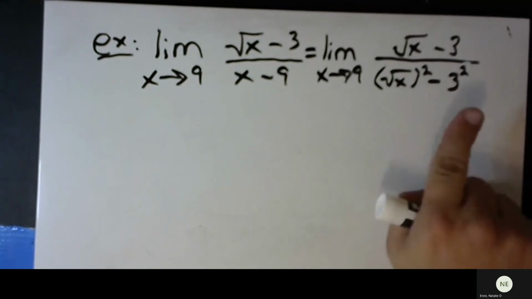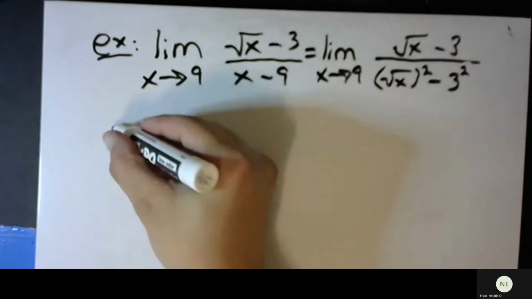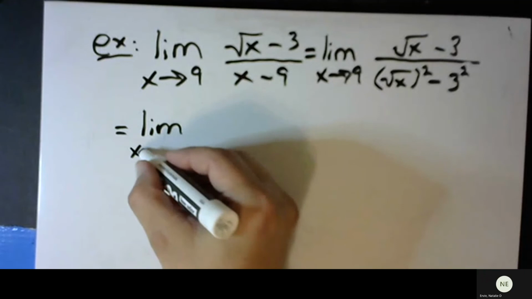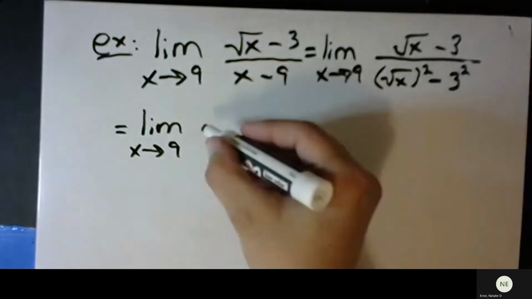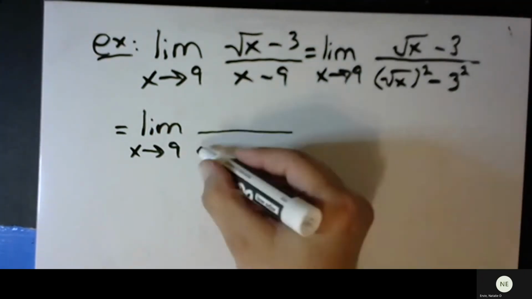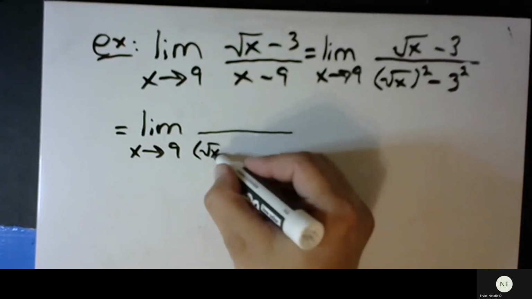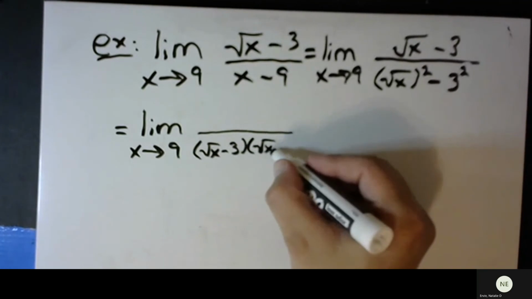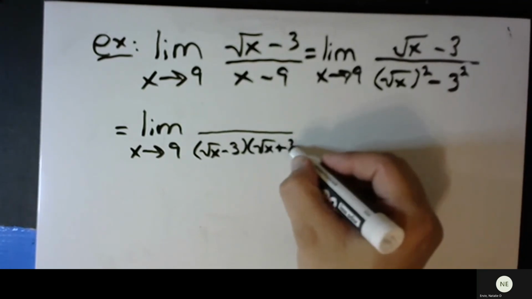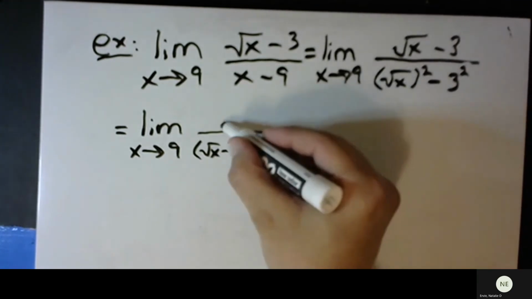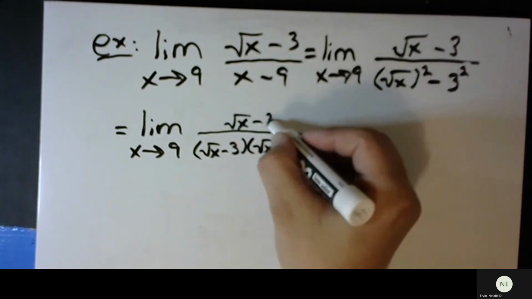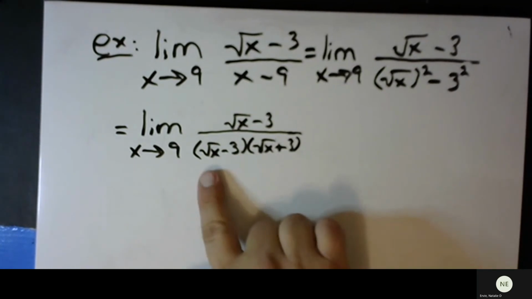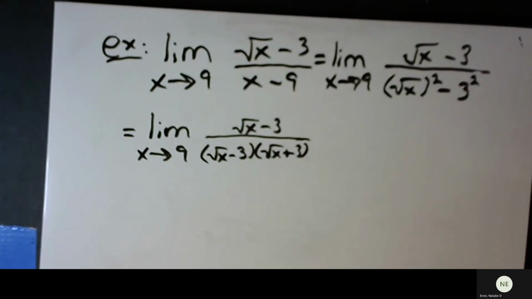So once again, we've got a difference of squares. So we can break it down as a minus b, a plus b.